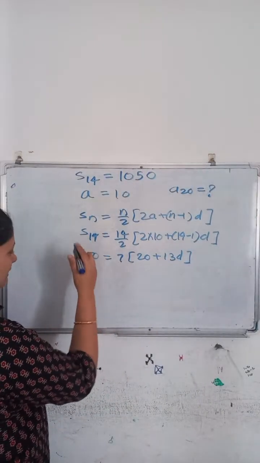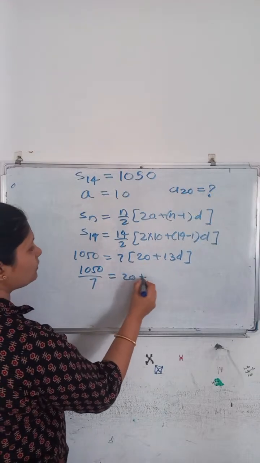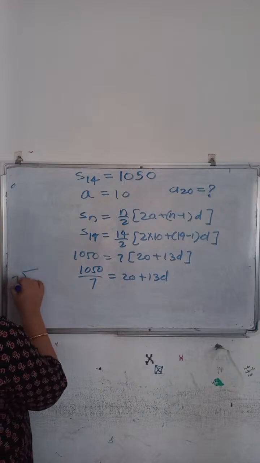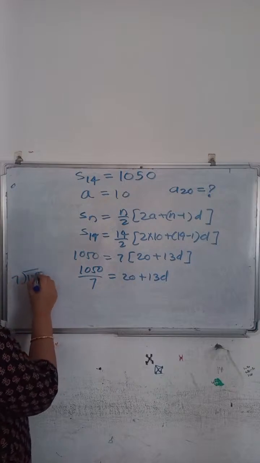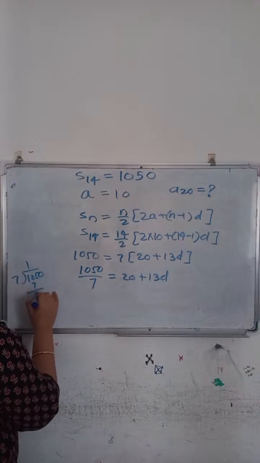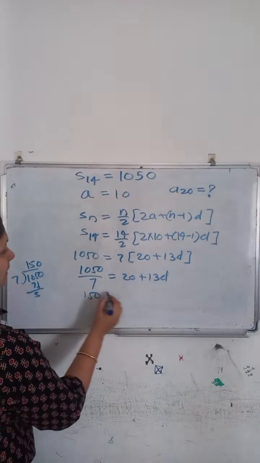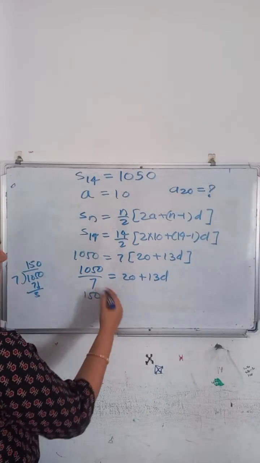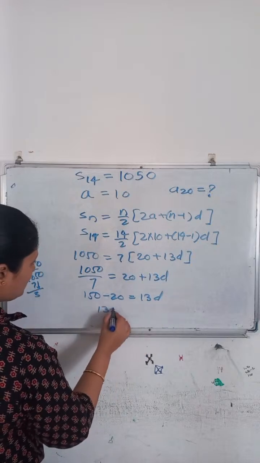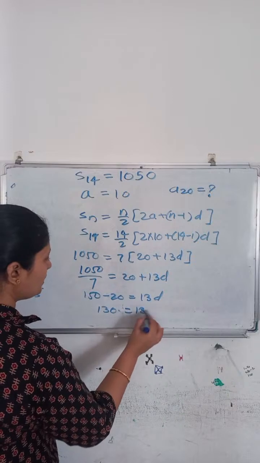Here 7 you can divide: 1050 by 7 is equal to 20 plus 13d. 7 ones are 7, and we get 150 here. So 150, transpose 20, minus 20, is 130, and 130 is equal to 13d.